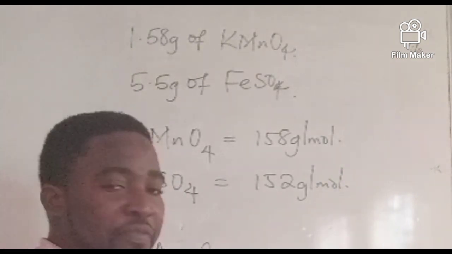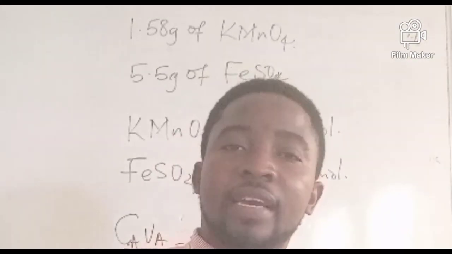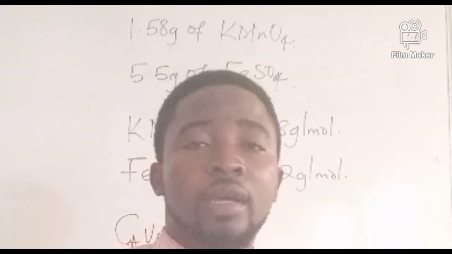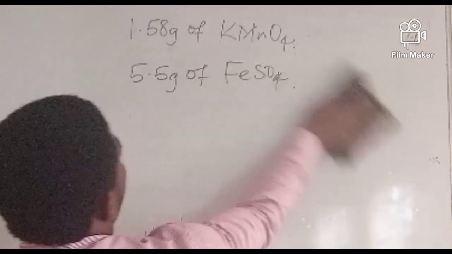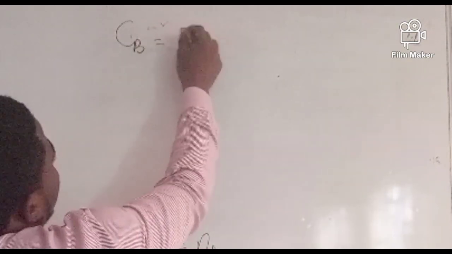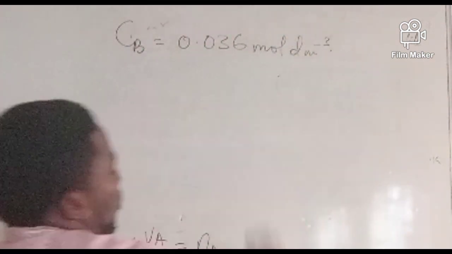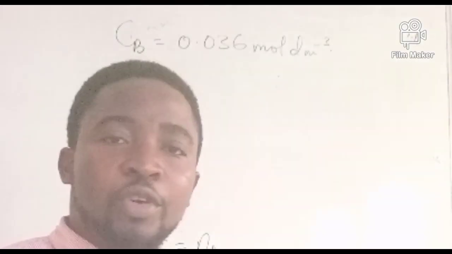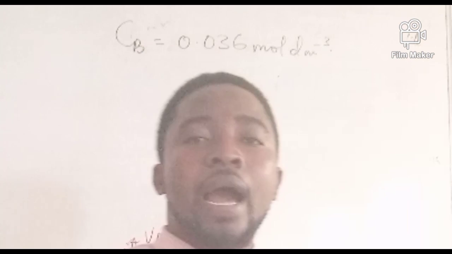So 5.5 divided by 152 will give us 0.036 moles per dm cube. So now that we have our CA to be 0.01 moles per dm cube and our CB to be approximately 0.036 moles per dm cube, we can now apply it in our formula.